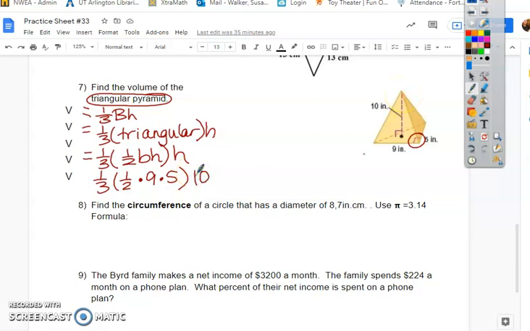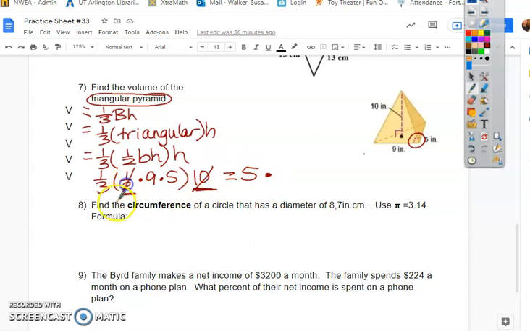That's our altitude. Now from here, remember you can do 9 times 5 times 10, then divide by 2, then divide by 3. Or you can just start taking some of the numbers. Like I could, for instance, do half of 10, which is 5.